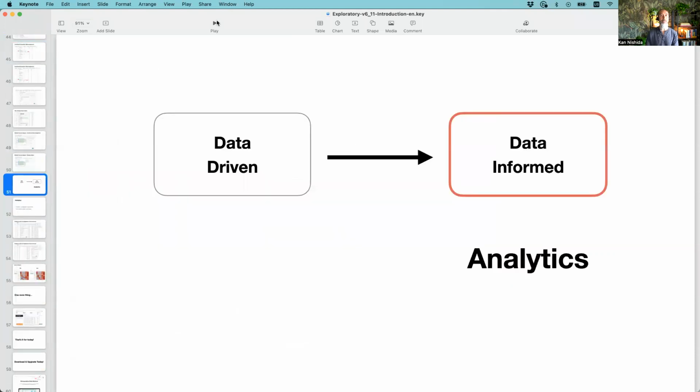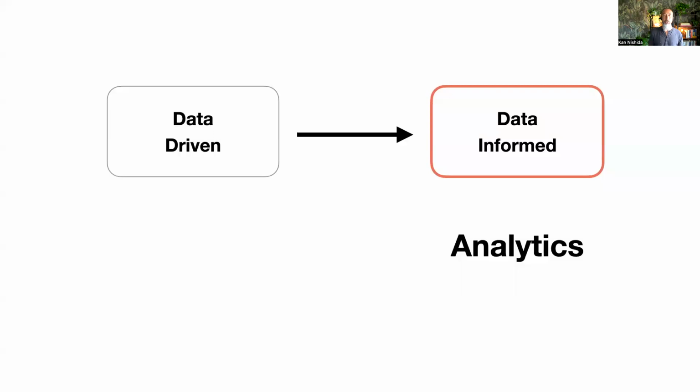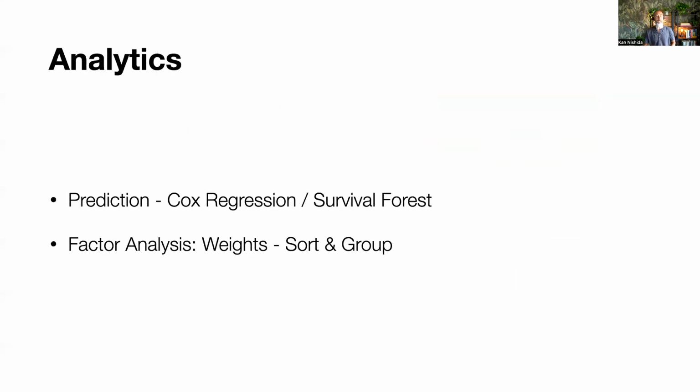And then the last one, let's go into here. I talked about data informed at the very beginning. That's where analytics comes in. That area is not necessarily directly impacting the dashboard, but sometimes it's important for the next step. So 2 areas. One is the prediction for Cox regression and survival forest, which is more on the survival analysis side of things.